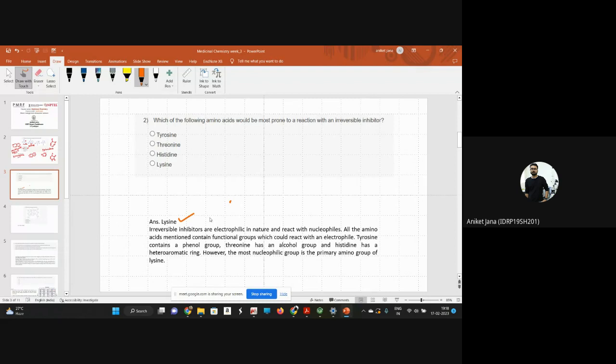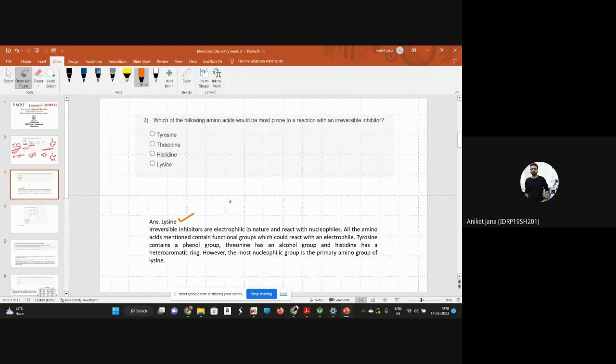Irreversible inhibitors are electrophilic in nature and react with the nucleophile. So you have the idea of electrophile and nucleophile. Electrophiles are electron deficient species and nucleophiles are electron rich species.